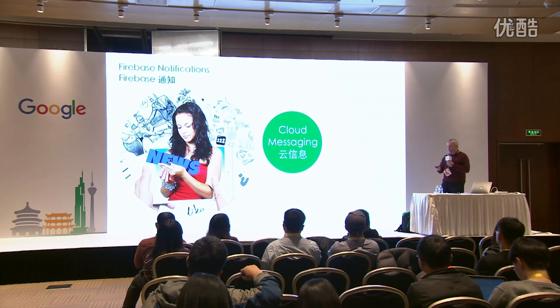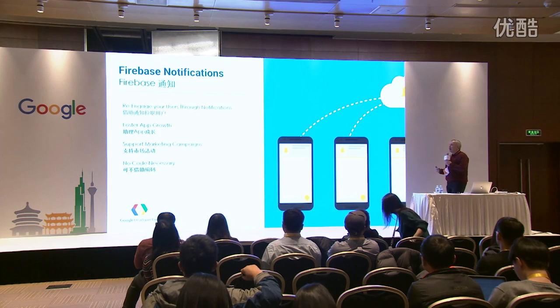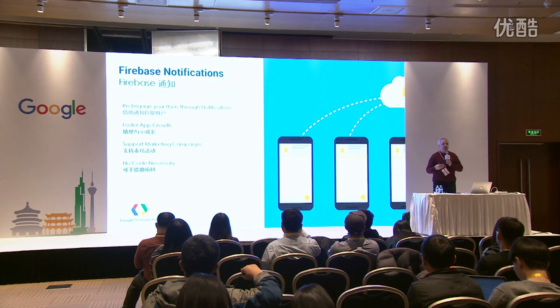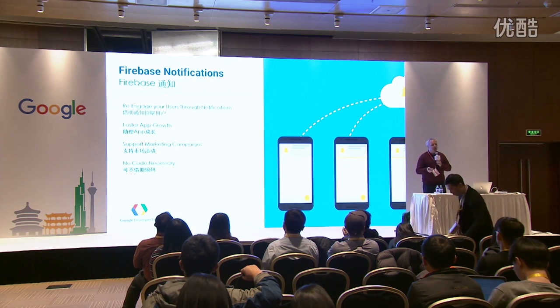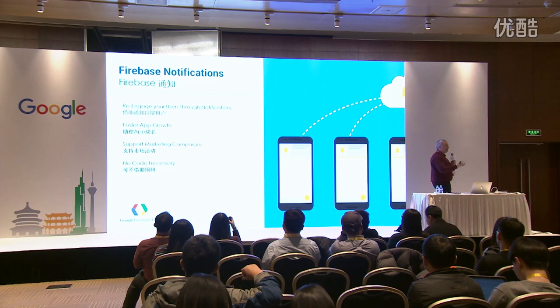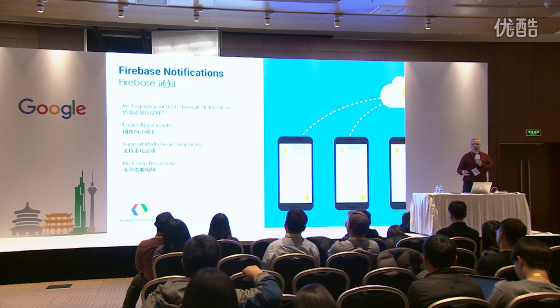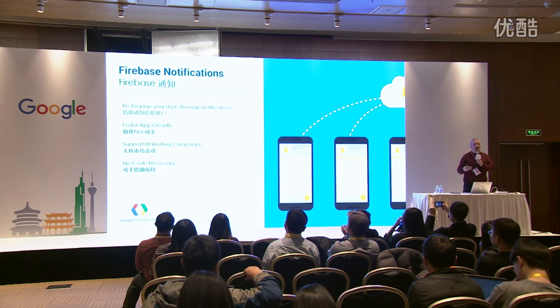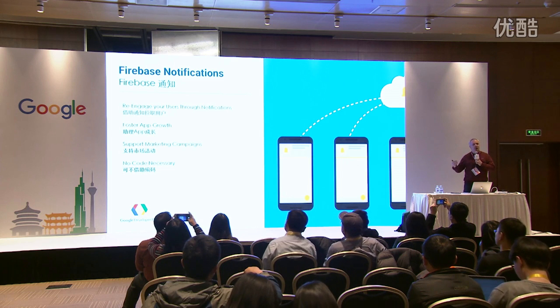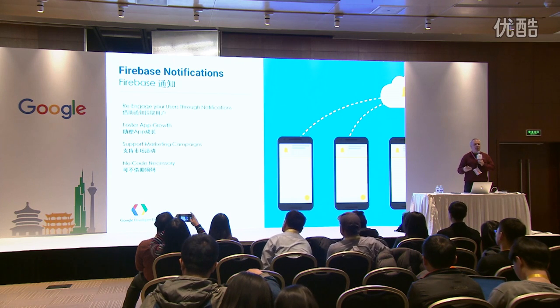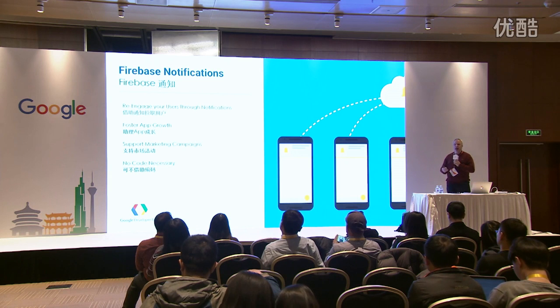These notifications are driven off of analytics, as I've mentioned, and the analytics tools in Firebase are very powerful. For example, if you have an e-commerce application, you could define a population of users as people who have made a purchase in the last 30 days, but have not made a purchase in the 60 days prior to that.